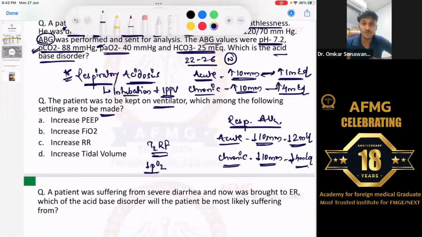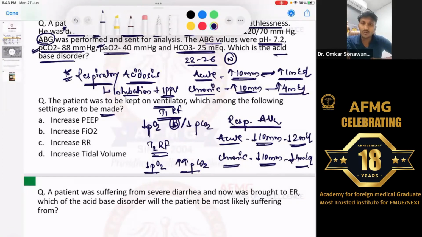But you need to look at the PCO2 values. If the PCO2 values are either normal or decreased, then it is a type 1 respiratory failure. Whereas in type 2 respiratory failure, the PO2 values are low, whereas the PCO2 values are high.